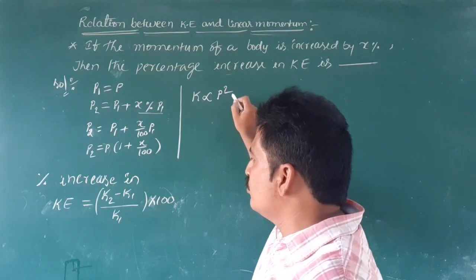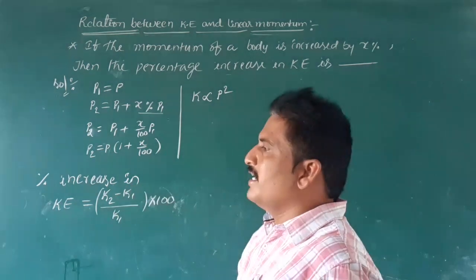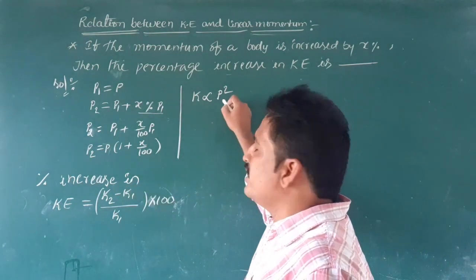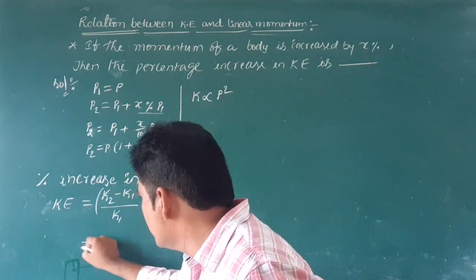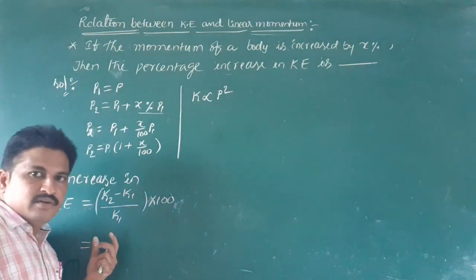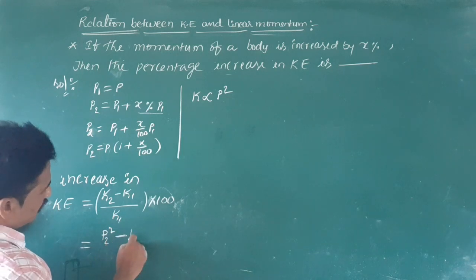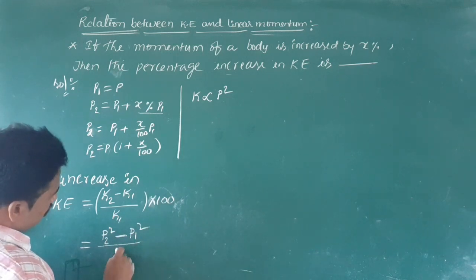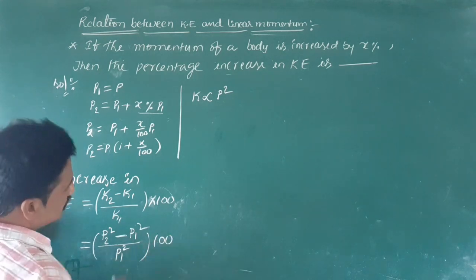So we can substitute the kinetic energy values in terms of momentum. See this relation properly. Percentage increase is (P2 square minus P1 square) by P1 square into 100, students.